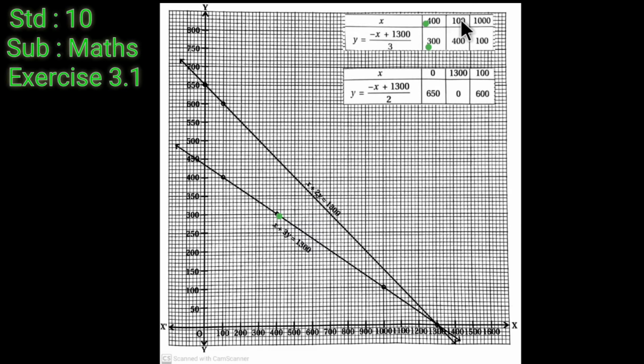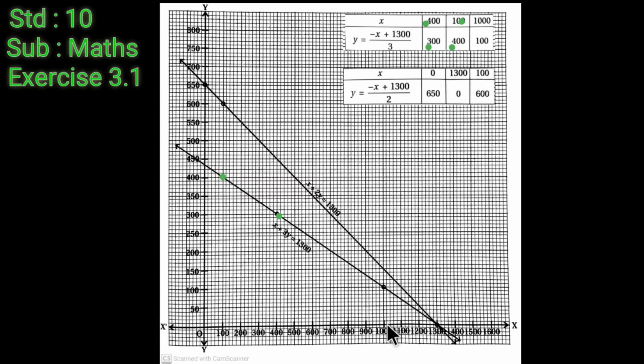Afterward, on the x axis 100, we go upward and get 400 on the y axis. So 100 and 400. Next, plot the point 1000 on the x axis and 100 on the y axis.